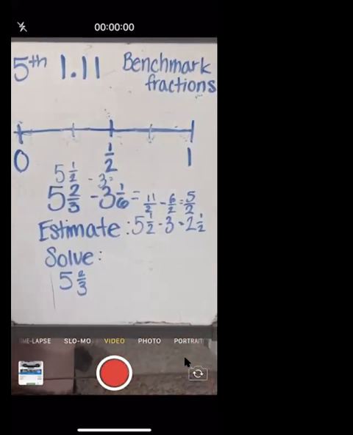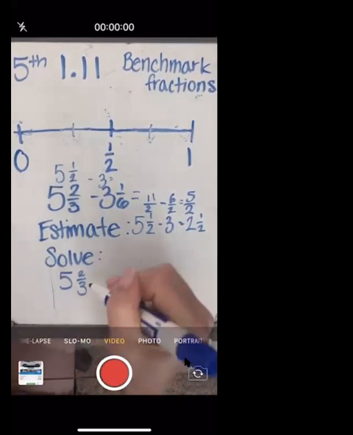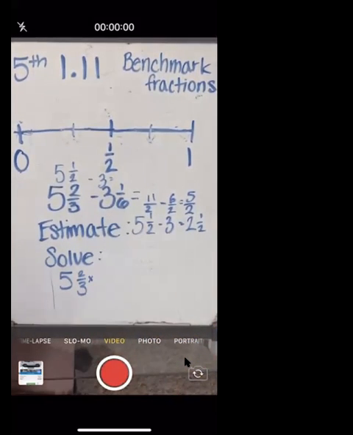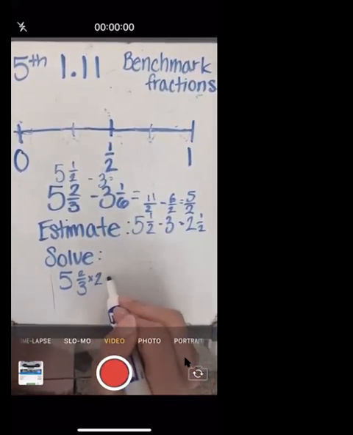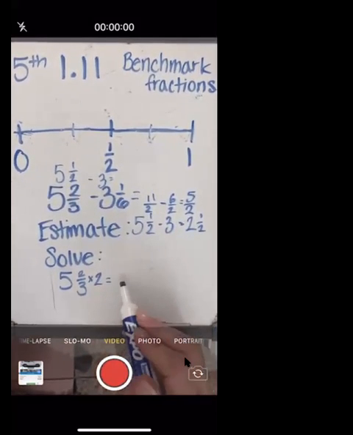We cannot subtract those, can we? Well, we can because 3 is a multiple of 6. Good work. So what do we need to multiply it by? We need to multiply 3 by 2 to get 6. All right, and then whatever I do to the bottom, I've got to do to the top, right? Yep.